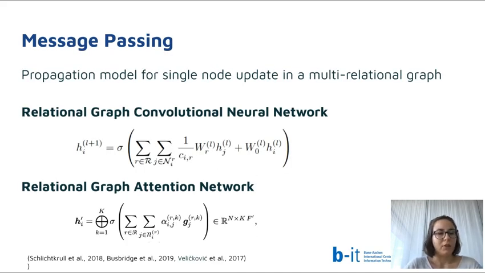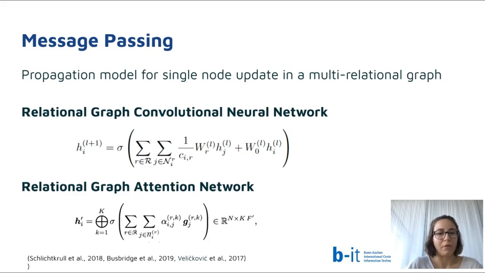Now I want to quickly show you how the message passing works for the RGAT and the RGCN. Basically we have hi, which is the hidden state of the node vi in the neural network. And we can calculate that by accumulating the incoming messages from the RGCN or the RGAT and passing it through an activation function. In a multi-relational graph, this calculation is done, of course, for every relation r.